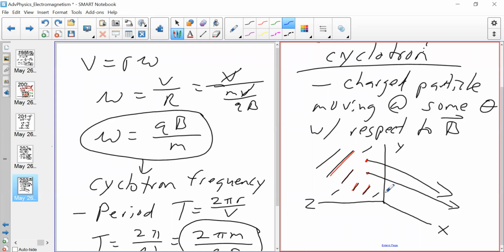Okay, so if I have my velocity pointing up like this, I have a component that comes all the way down. This would be my y component because y-axis, and then this here will be like the shadow of this guy. So this particle comes at a velocity at some angle with respect to the field.